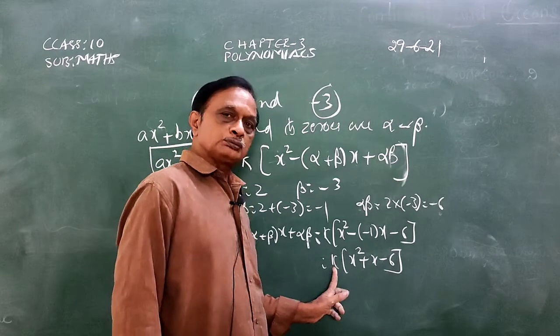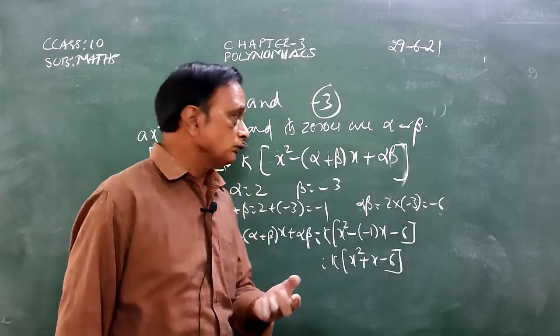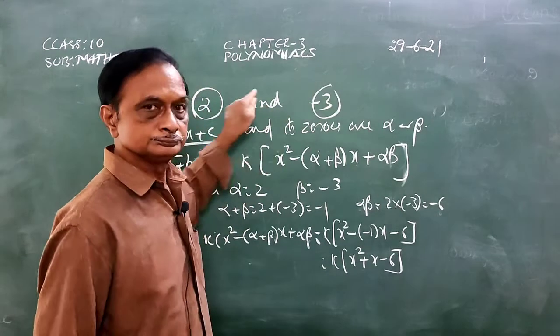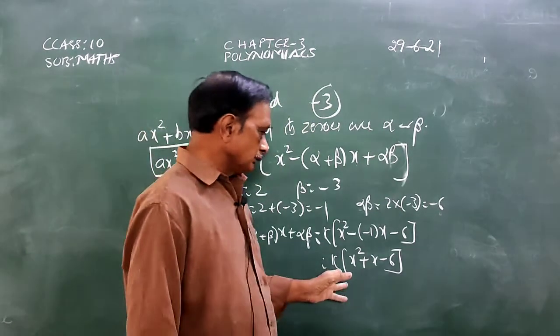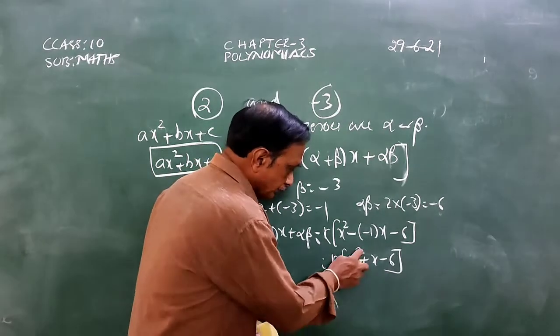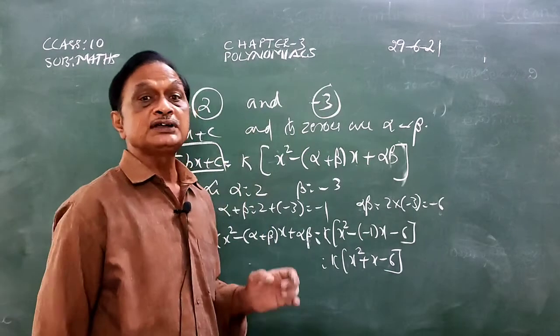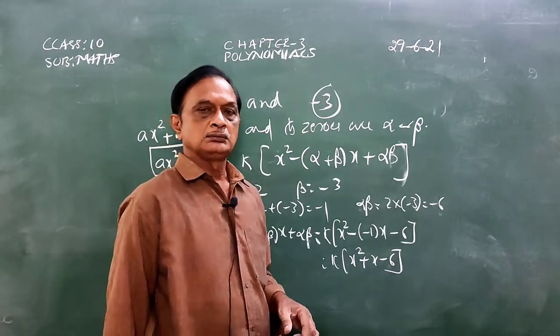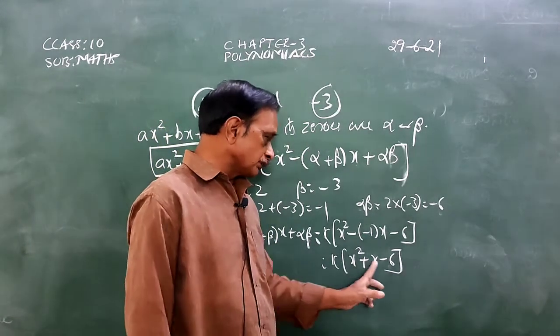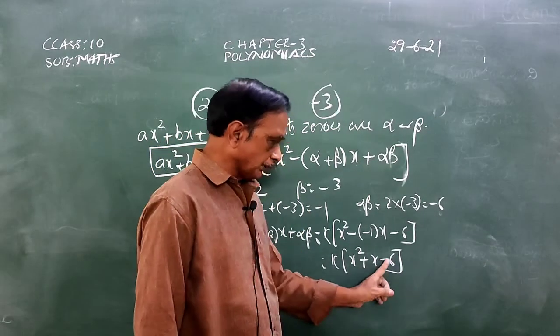Here you can put different values for k to get a quadratic polynomial whose zeros are 2 and −3. Generally we put k equal to 1 here, so that the coefficient of x², the coefficient of x and the constant are integral coefficients, 1, 1, −6.